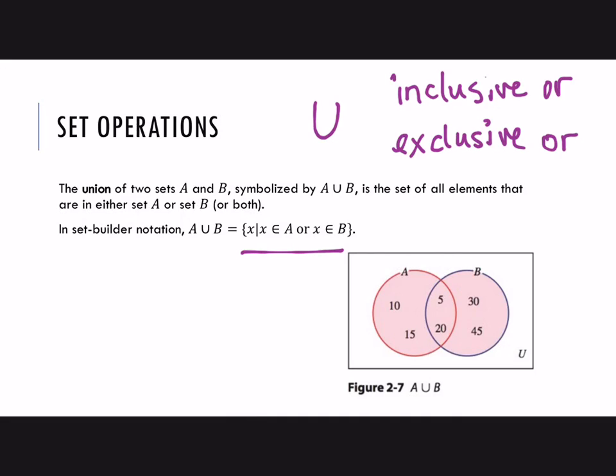Here's the set builder notation. The union of A and B is all the elements that are in A or in B. Okay, so union, the keyword that goes with union is or. Okay, so intersection is and, union is or. And the union is just all of the elements in A, in B, in both, in either.